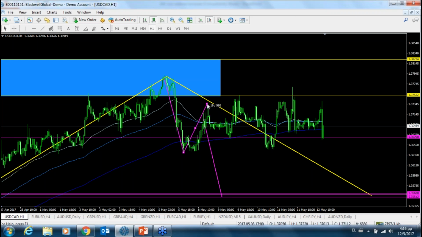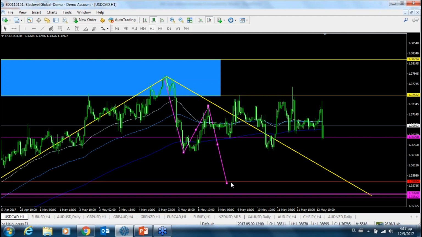We can always pull it there. Okay, you've got that one there. Yeah, so you could always take that as an ABCD pattern right there from the very top, or you can look into other ABCD patterns, but this was drawn earlier, so I make that projection here, meaning we have got A, B, C, and then D.